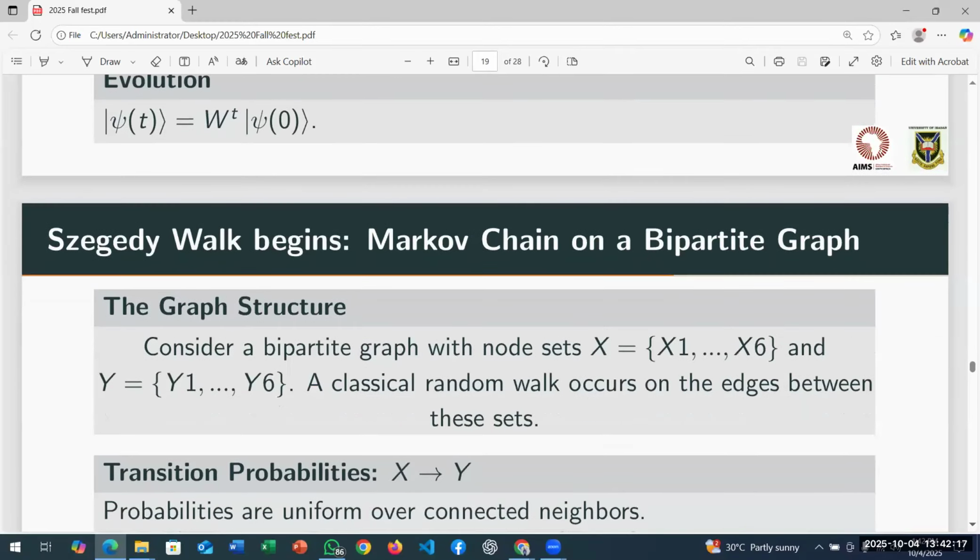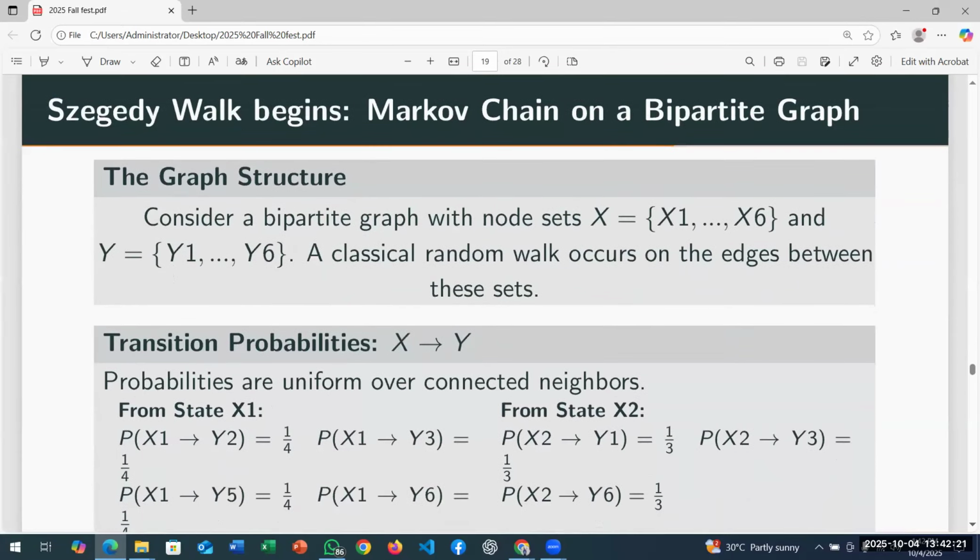This is the explicit example of the diagram shown earlier. In the diagram, we have a 6-node graph, 1 to 6. From the bipartite double cover graph that I drew, the first part of the node is representing X, while the second part is representing Y, meaning that X is a set of X1 to X6, and Y is a set of Y1 to Y6.